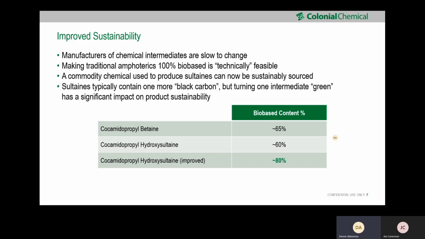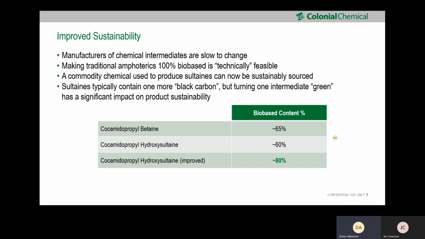So a traditional cocamidopropyl betaine might be about 65% bio-based content. Cocamidopropyl hydroxysultaine from the petrochemical intermediate would be reduced somewhat to about 60% bio-based.